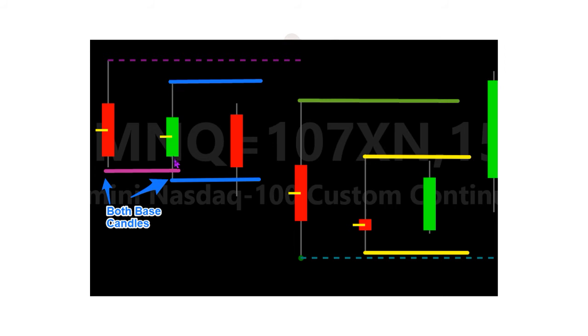But this candle here is also a base candle because this candle closed inside the range. So you can see that you can have multiple nested basing candles and bases within a single base. So now you understand how bases work and the basing candle and the roles of base highs and base lows.